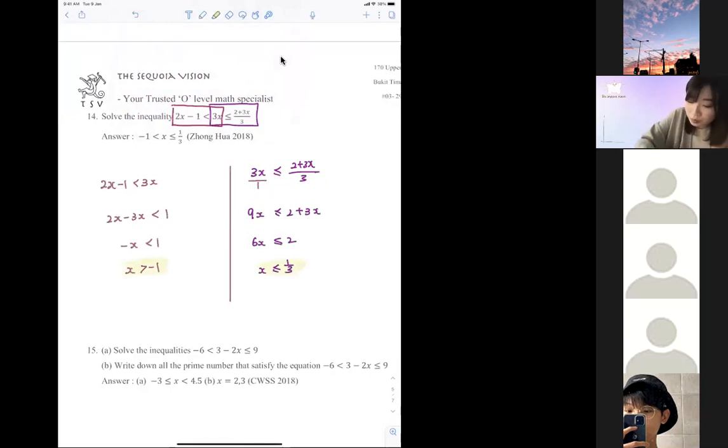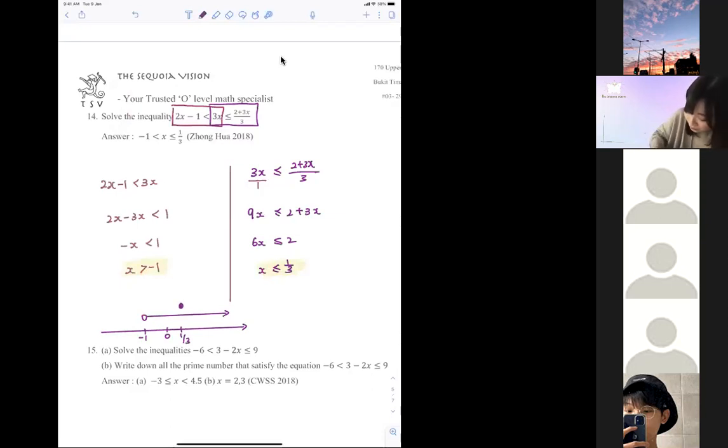So sometimes if you don't know how to put them together, what you do is you draw your number line. Okay, 0 is here, minus 1 is here, 1/3 is here. X must be bigger than minus 1. If there is no equal sign, this is a hollow circle, so you don't have to shade the inside. If there is an equal sign, then you shade.